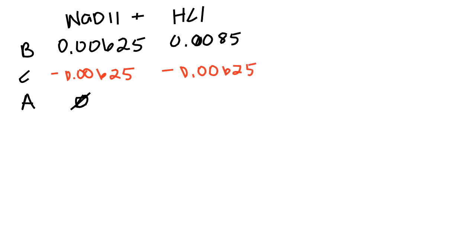So 0.0085 minus 0.00625 gives us 0.0788.